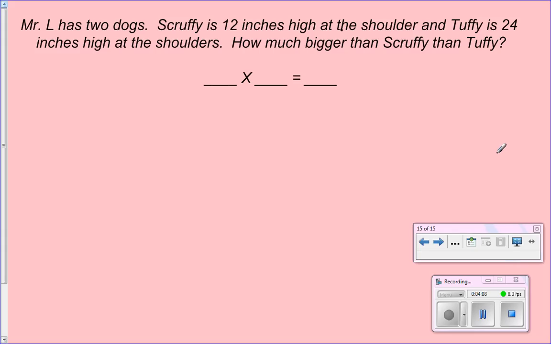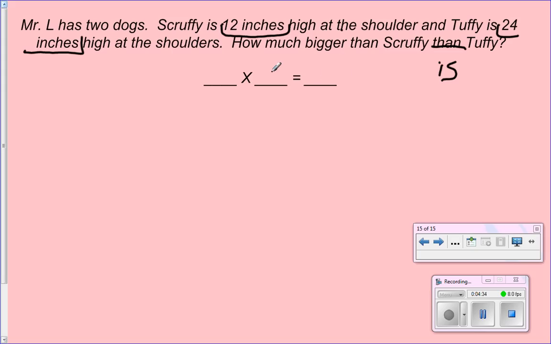How much bigger than Scruffy is Tuffy? Here, let me fix my error there. Is Tuffy. So in this case, I know that Scruffy is 12 inches, and I know that Tuffy is 24 inches. And we're trying to figure out how much bigger.